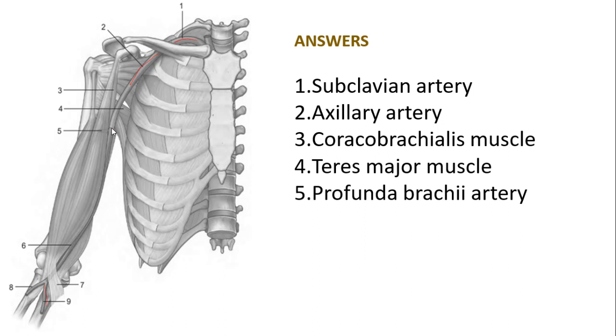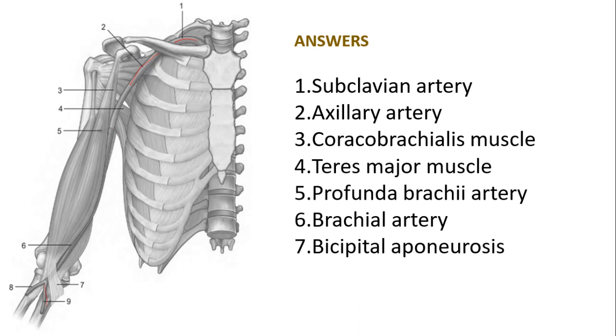And then we can look at 6. 6 is the brachial artery, like I've stated. 7 is the bicipital aponeurosis, 8 is the radial artery, and 9 is the ulnar artery. So please make sure that you know how to identify these parts.